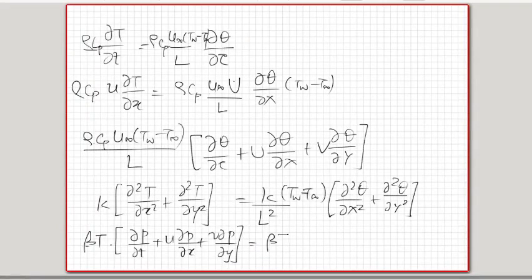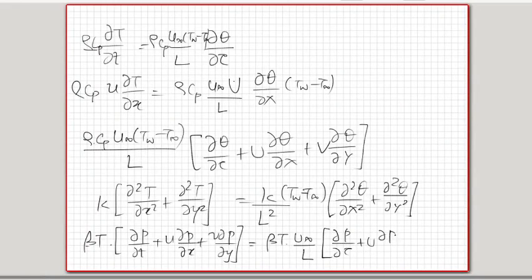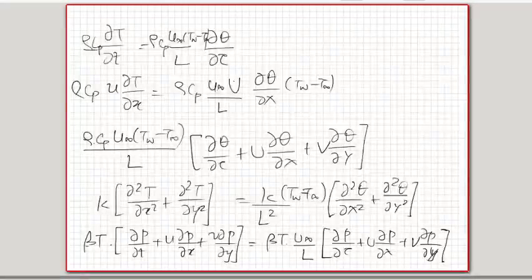So beta T would stay there, u infinity by L. So this whole thing would get normalized like that. This will be del p by del tau plus U del p by del X plus V del p by del Y, capital Y, sorry. Right, so this stays like that.